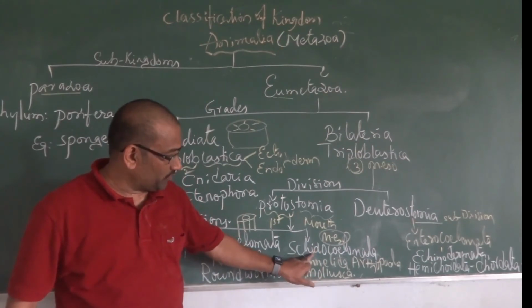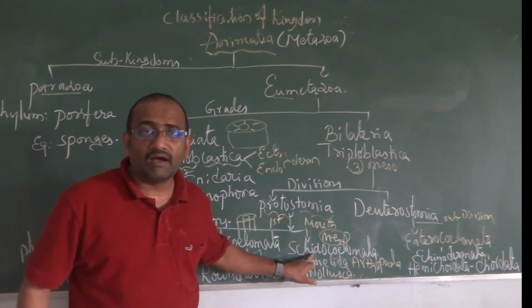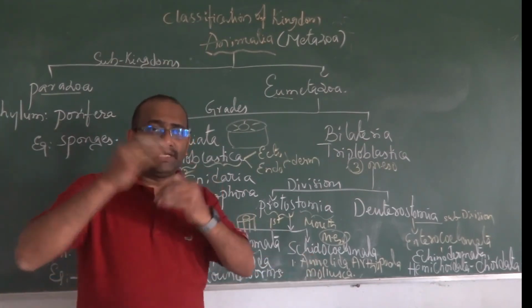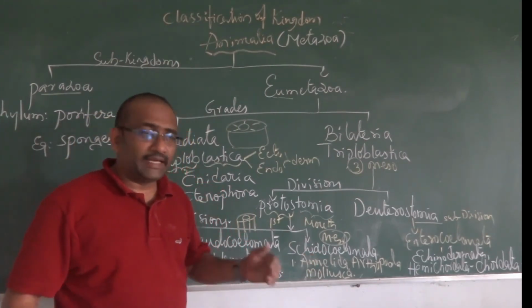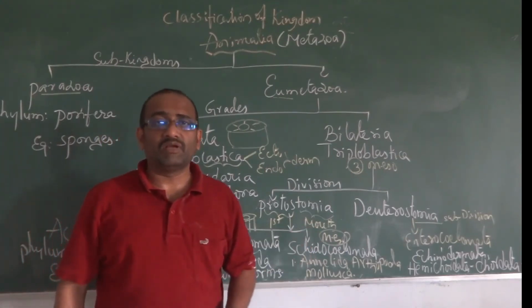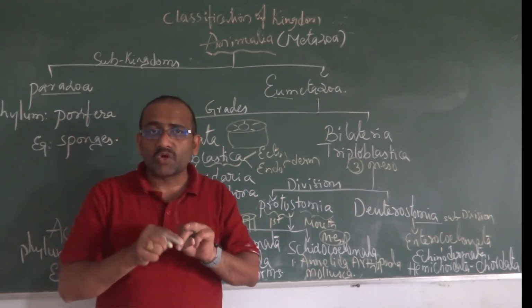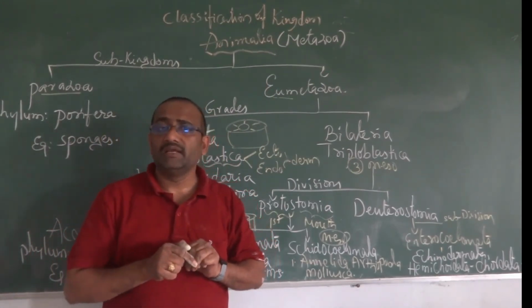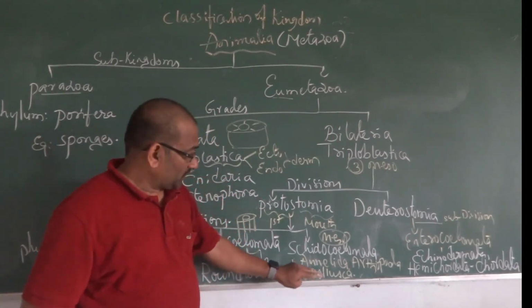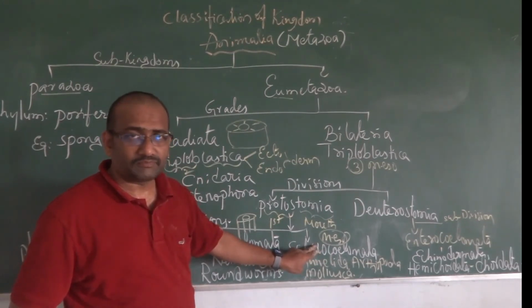Schizocoelomates are true coelomates because the coelom is created by the mesoderm, but the splitting of the mesoderm creates the body cavity. Among the invertebrates, three phyla, Annelida, Arthropoda and Mollusca, come under the true coelom, the schizocoelomates.